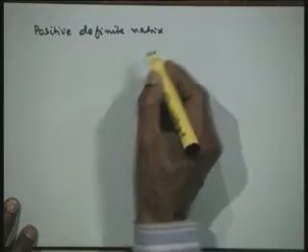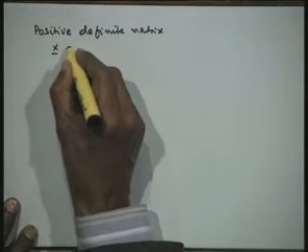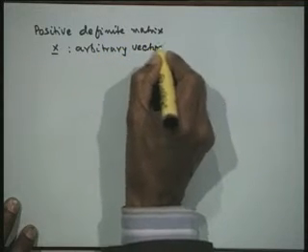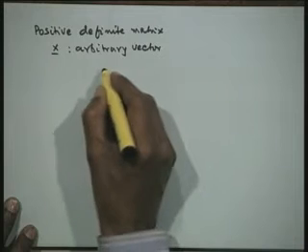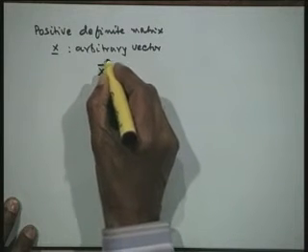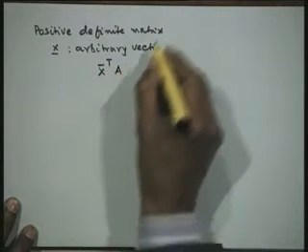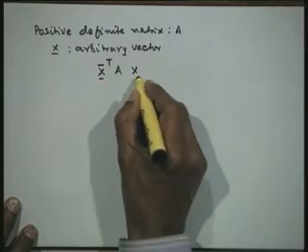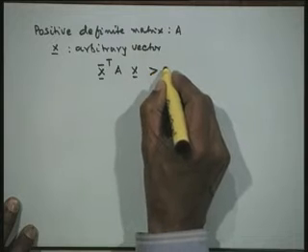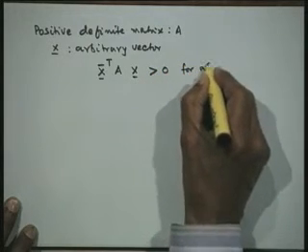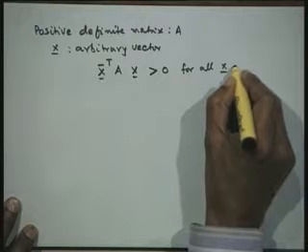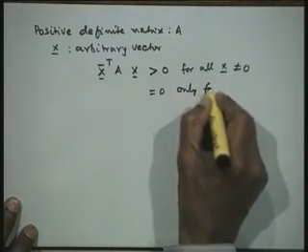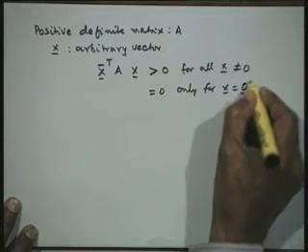The general definition is, if x is an arbitrary vector, then I form its conjugate transpose, x star, and consider x star A x, for a matrix A. This is greater than 0 for all x not equal to 0, and this will be equal to 0 only for x equal to a null vector.